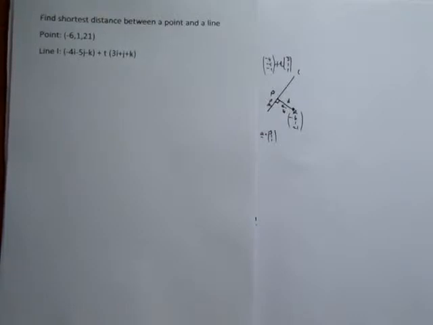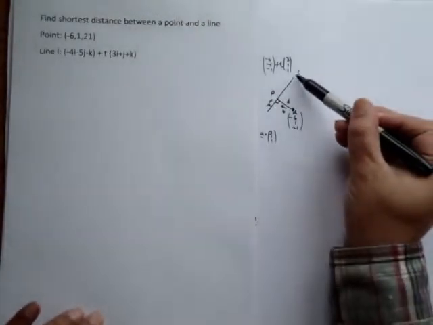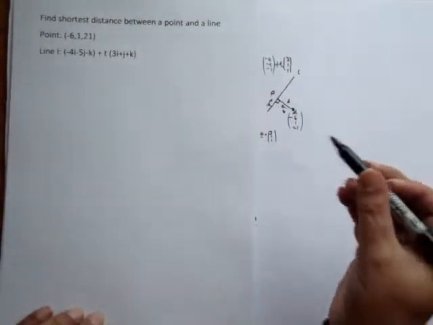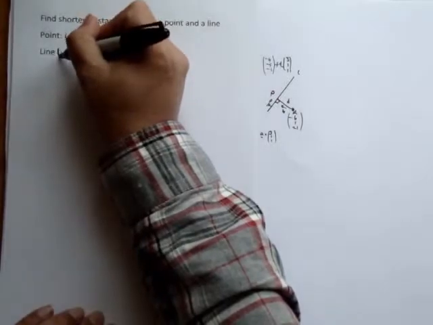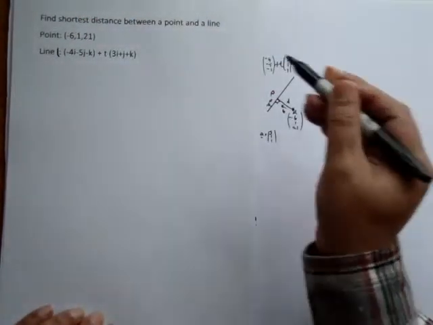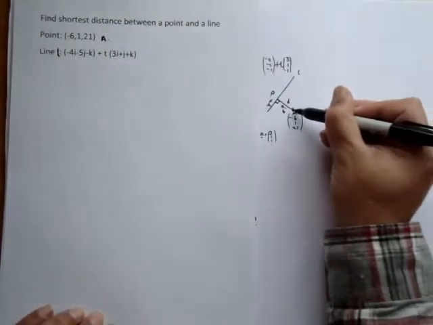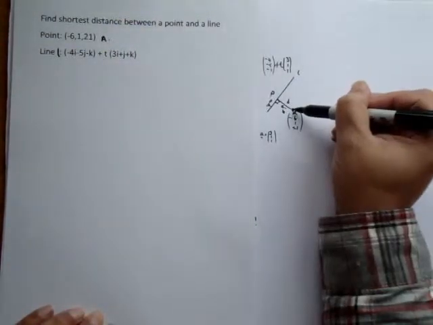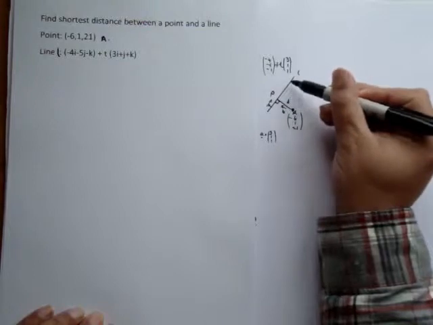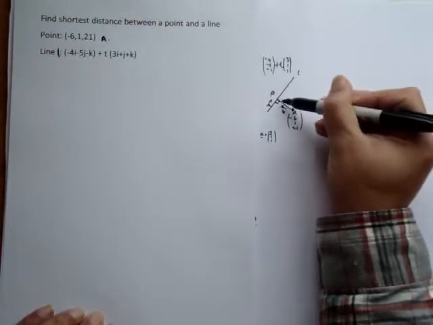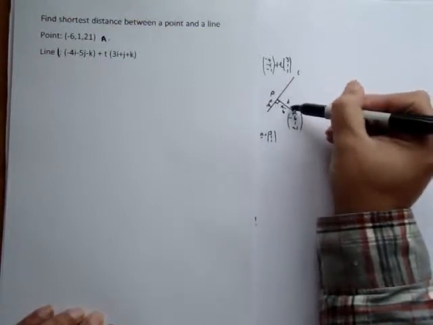Here we're asked to find the shortest distance between a point and a line. So if we draw a quick diagram, this is our line L, and our point A, which is here, and then the shortest distance between the point A and the line L is a line perpendicular to the line.